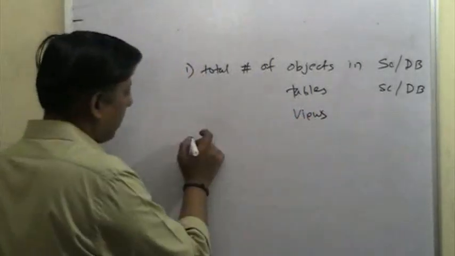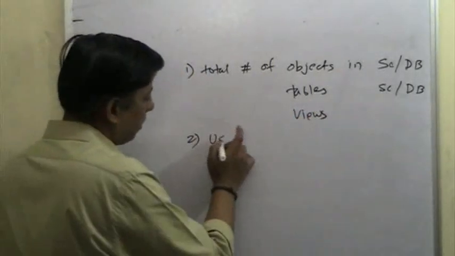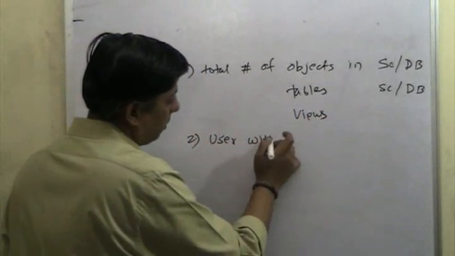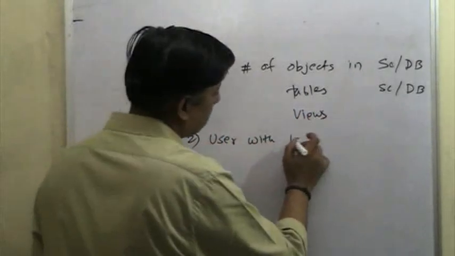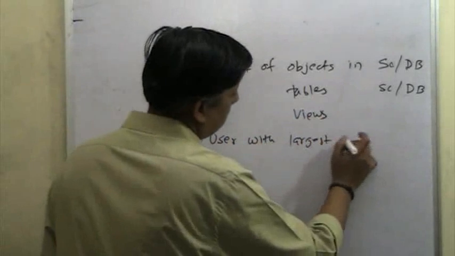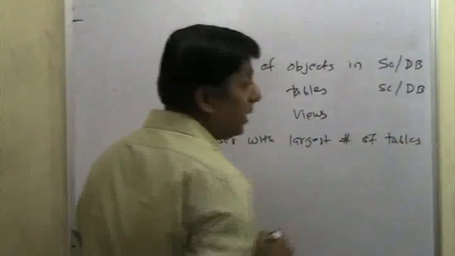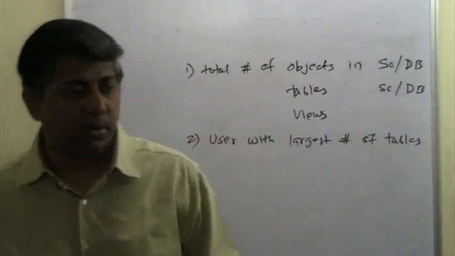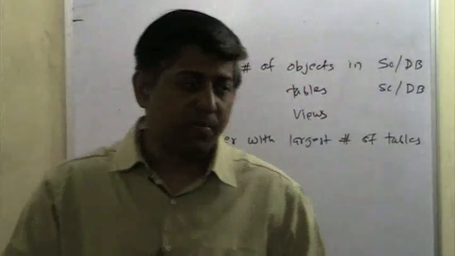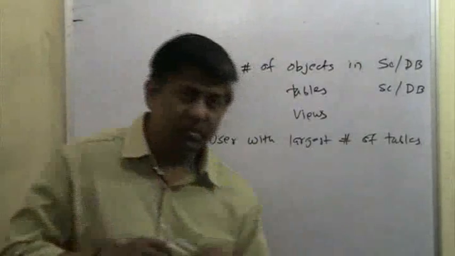And then I would like you to find out the user with the largest number of tables. In your database, I want you to find out the user with the largest number of tables. How would you do this?